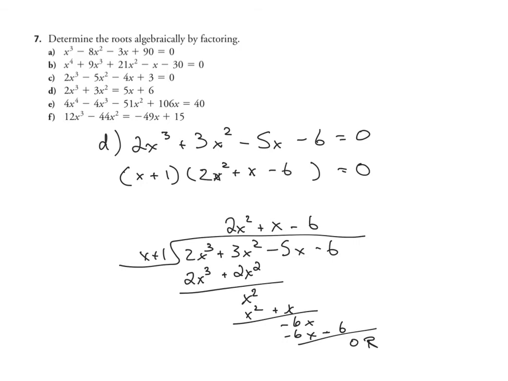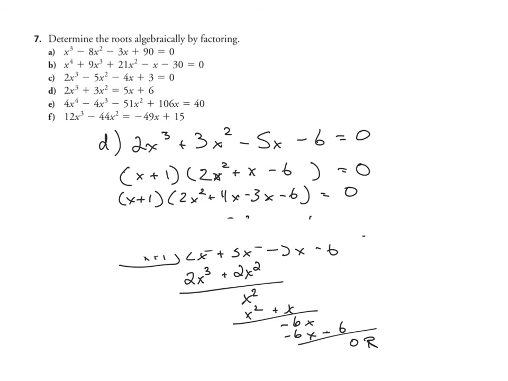And two numbers that multiply to give negative 12, so that's going to be 4 and negative 3. So x plus 1, 2x squared plus 4x minus 3x minus 6 equals 0. Get rid of this stuff.